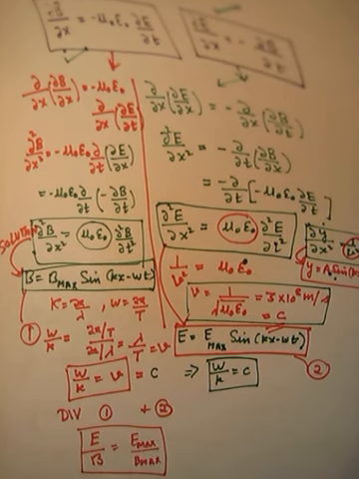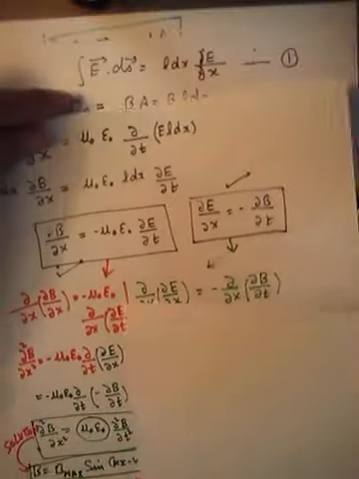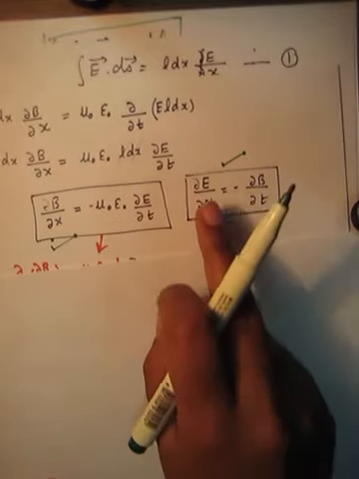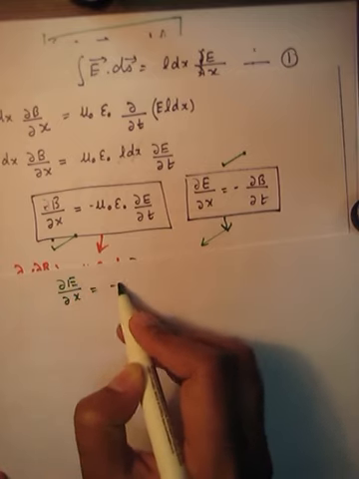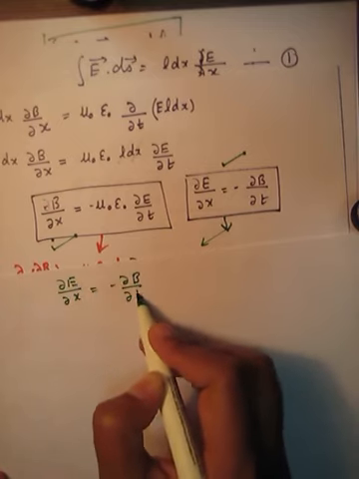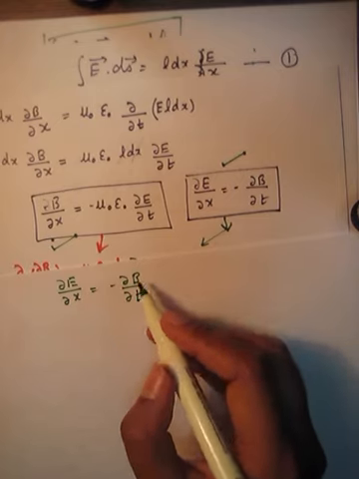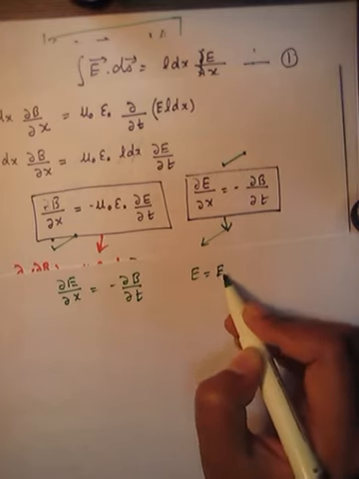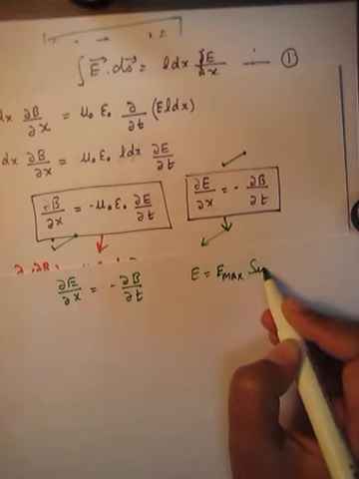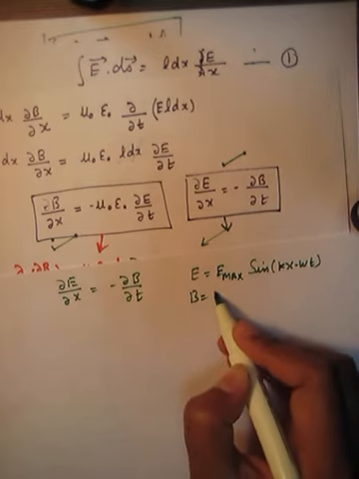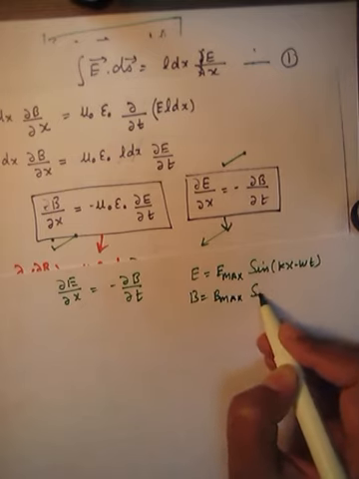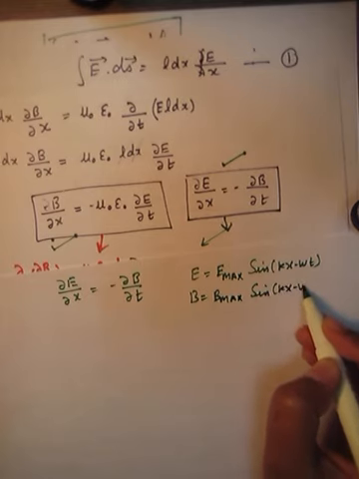And now if we use another equation, which is ∂E/∂x is equal to minus ∂B/∂t, and let us put the value of E and B, where E is equal to E maximum sin(kx minus ωt), and B is equal to B maximum sin(kx minus ωt).